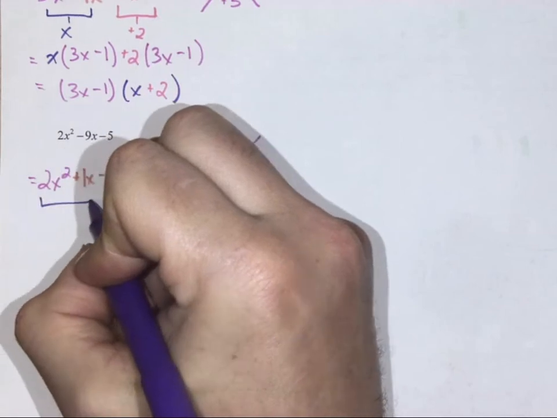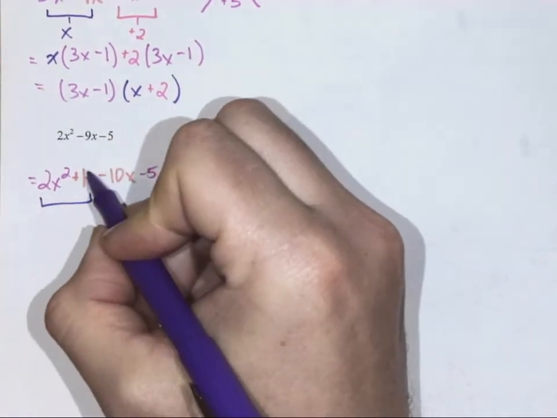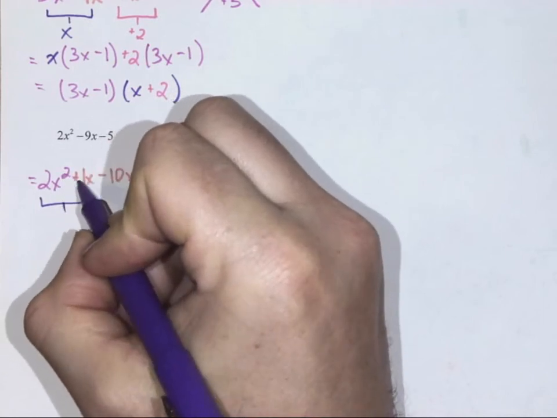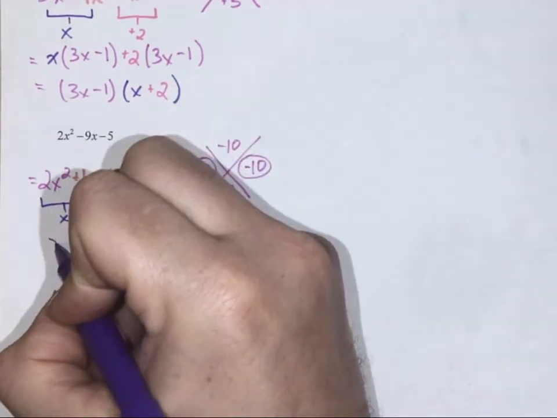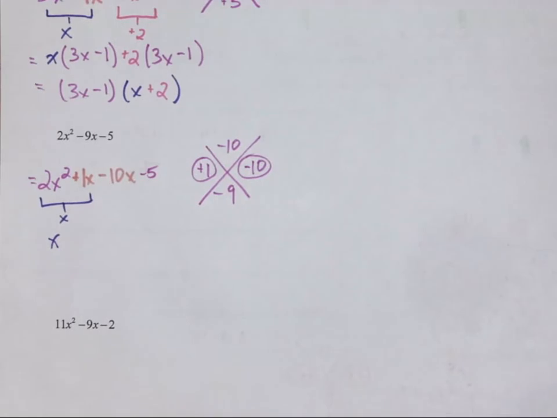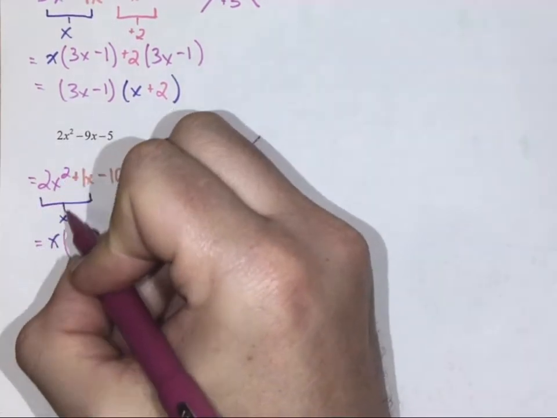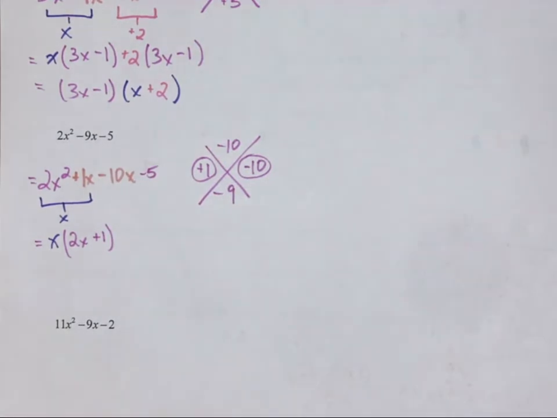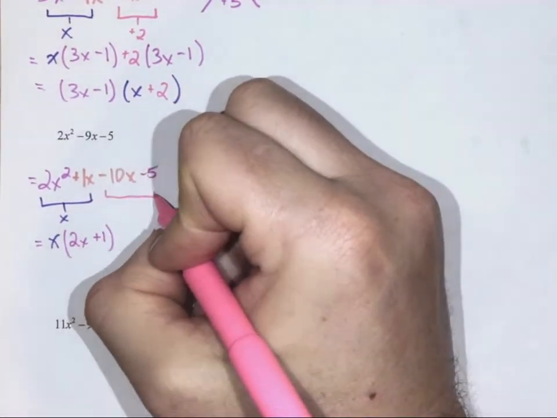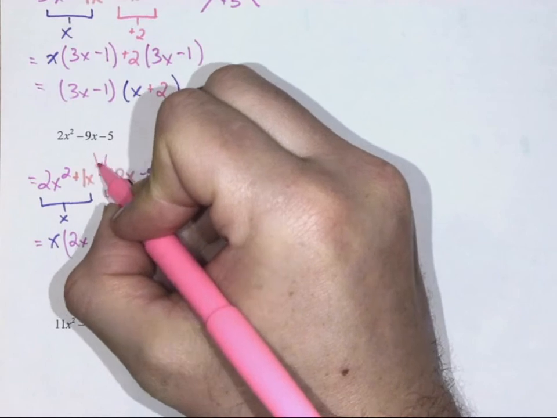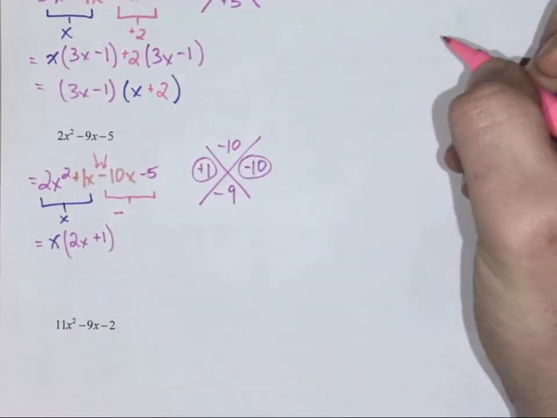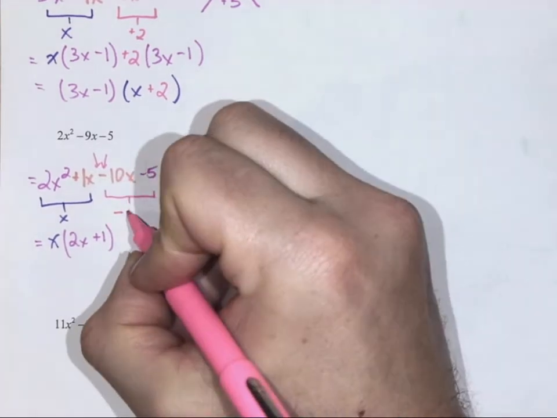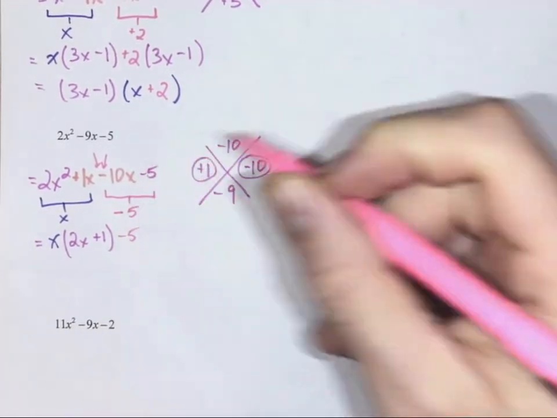Look at my first two terms. If there's nothing I can take out, I just take out 1. Right now, 2x squared plus 1x, I can find a common factor of x. For my second two, because the leading x term has a negative, I'm going to take out a negative number. I look at 10 and 5, common factor is 5, so I take out negative 5.